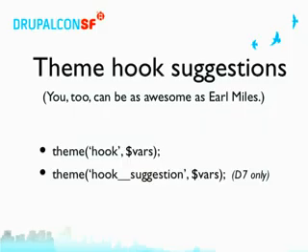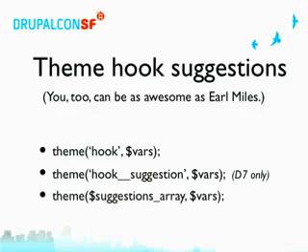Now, you'll notice here that this says D7 only. But there's also a more advanced way here that uses an array, and that's in both D6 and D7. Basically, instead of passing a hook__suggestion, you would pass an array with each of your suggestions.